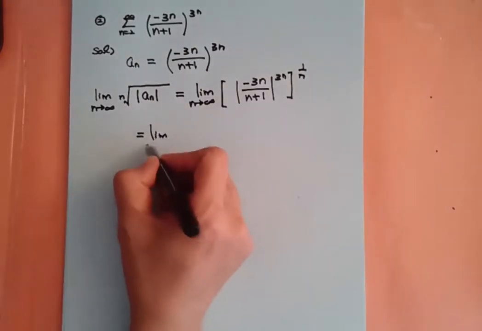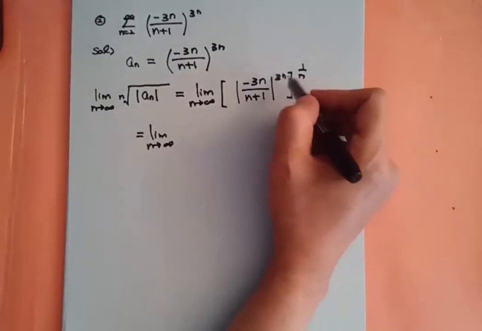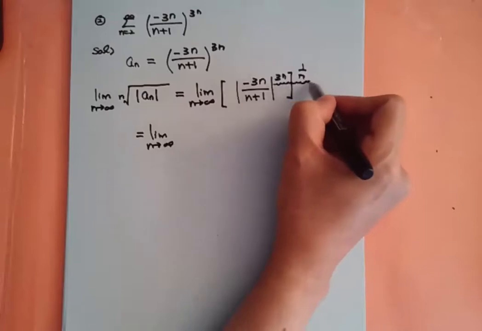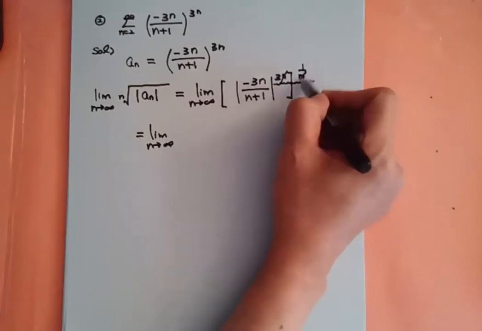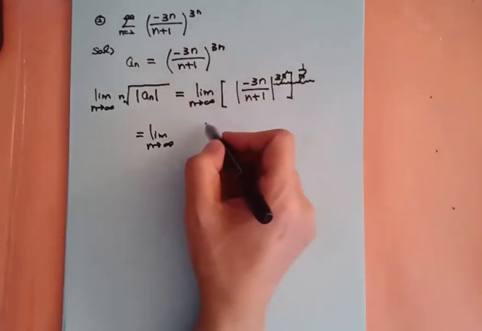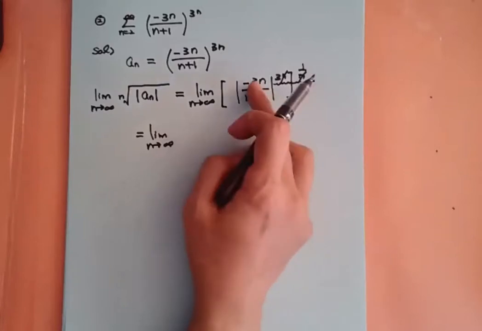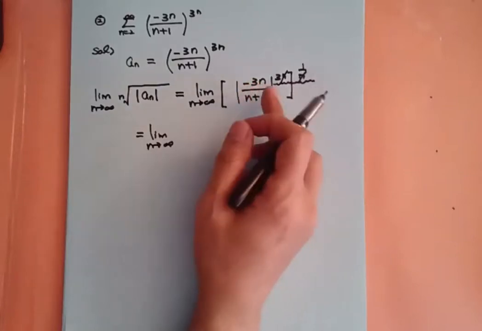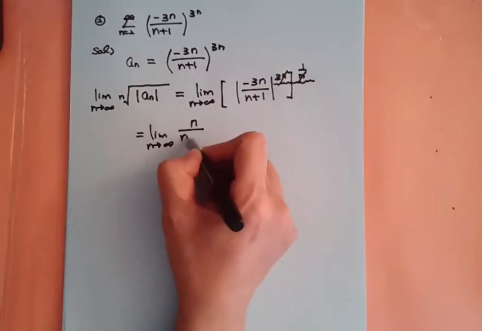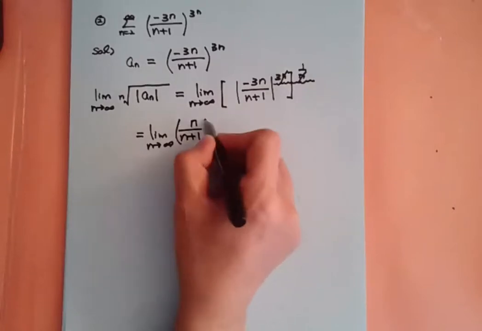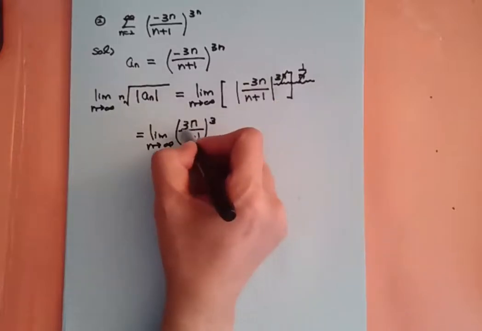So by using the power rule, we have to think about this power and simplify first. So the n's cancel each other. We just forget the minus here because we are thinking about the absolute value. So we have n over n plus 1, cubed, so 3n.